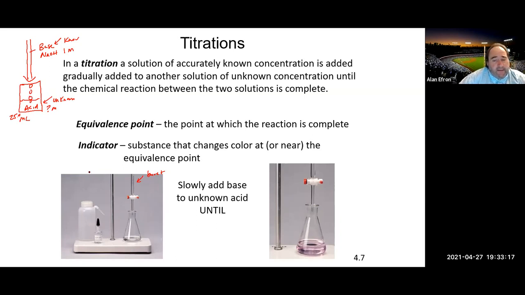And you would continue to add in an acid-base titration until you hit something which is referred to as the equivalence point. And the equivalence point in a titration is the point where the moles of the acid equals the moles of the base.